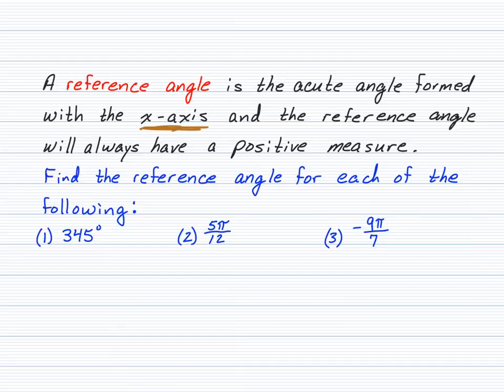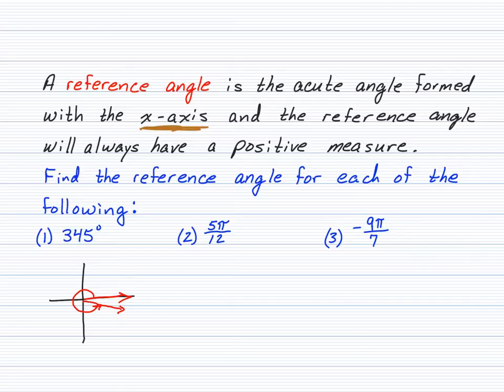So for a 345 degree angle, if you think about the graph of this, 345 degrees would be here for your initial side, and then rotating around almost 360 degrees. So 345 is to here.